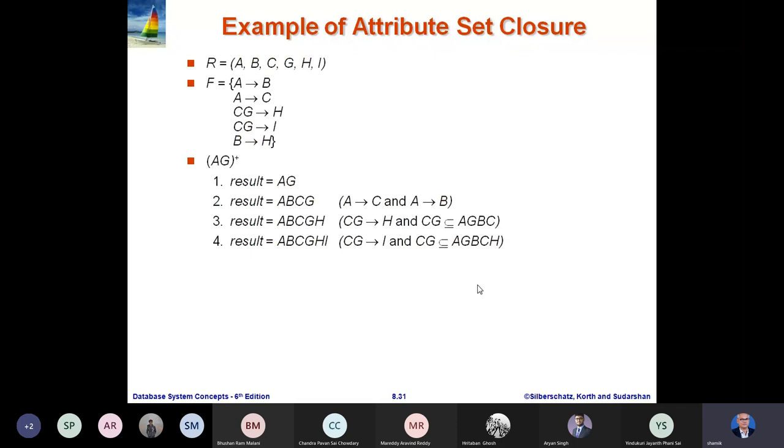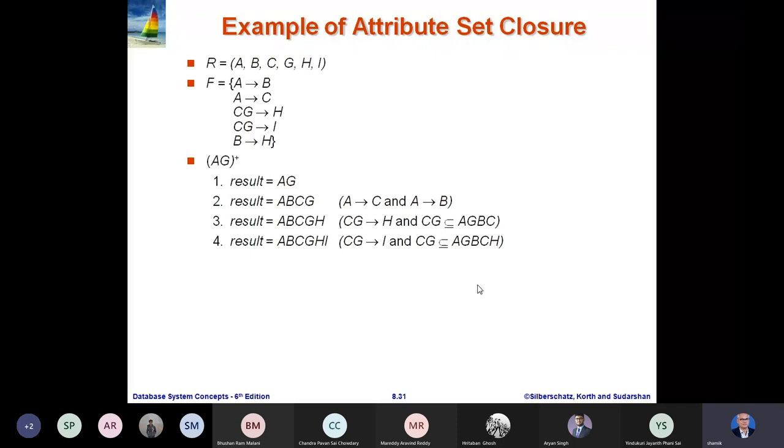What you notice here is that for AG plus we get the result ABCGHI, and ABCGHI is itself R. That means ABCGHI is functionally dependent on AG, and that means AG is a super key.